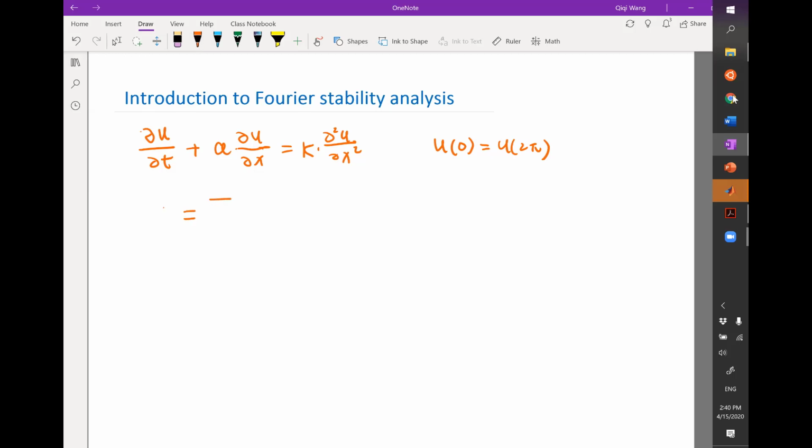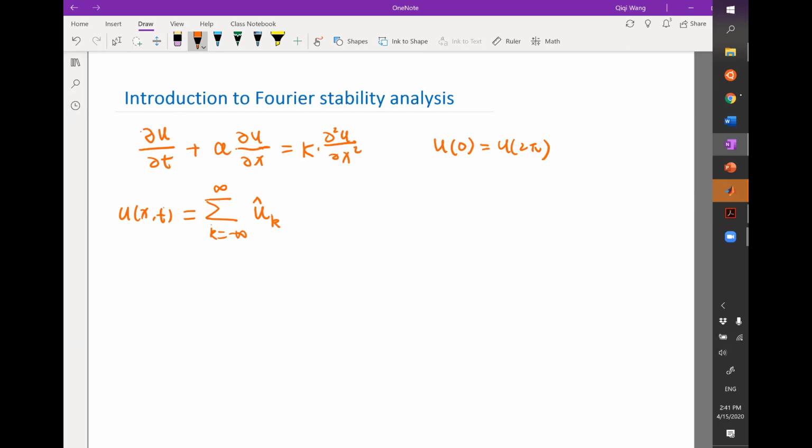So u, let me write clearly, is a function of x and t. It is represented as a summation of different Fourier modes, where k is called the wave number. The wave number goes from minus infinity to infinity in a complex Fourier expansion. The reason it's called complex is because u hat is now a complex number.